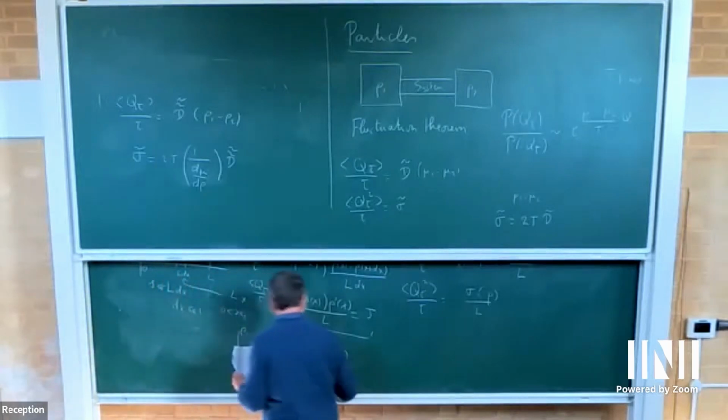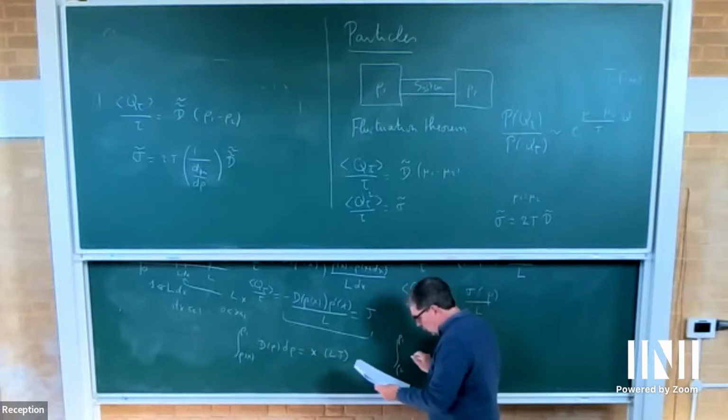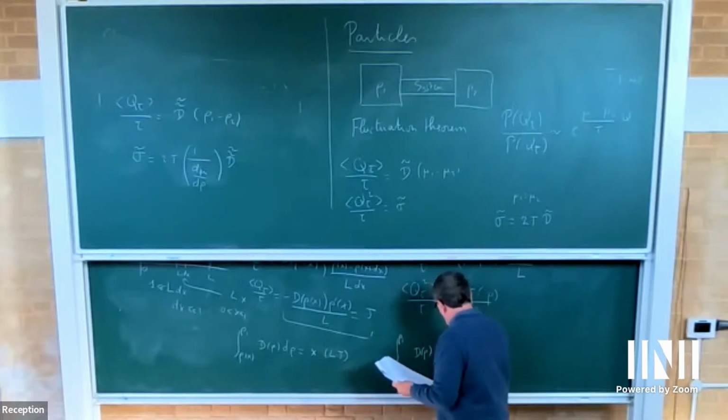And then the average current is the integral from rho2 to rho1 of D(rho) d rho.